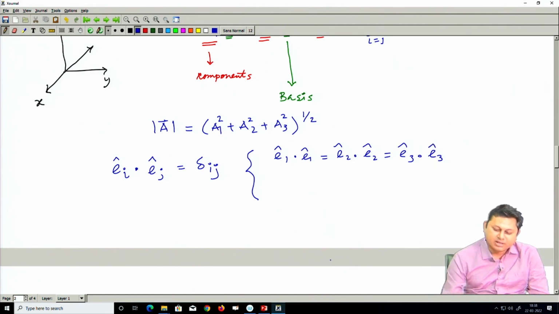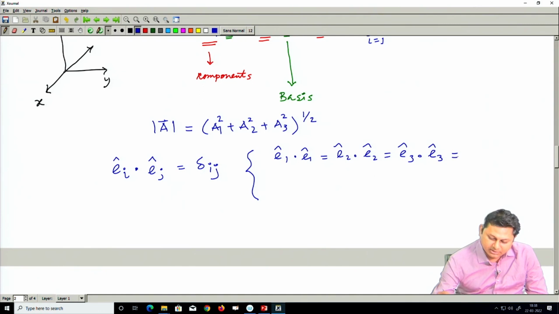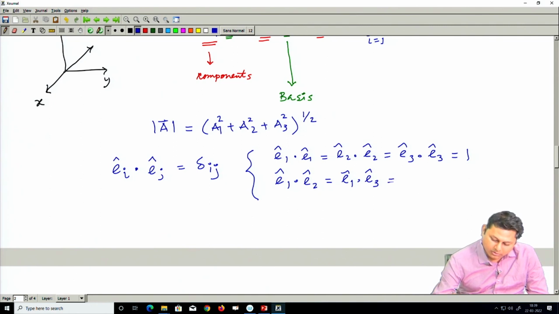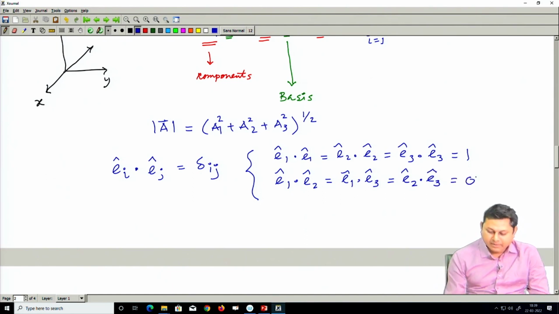So, their magnitudes are 1, that should be equal to 1, and E1 dot E2, apart from 1, if I now make a dot product with any other basis, E1 dot E3 or E2 dot E3, these are the possible 3 combinations one can have, then that should be 0. So, all these equations you can write in a simple equation using this delta function, that Ei dot Ej is the delta function.